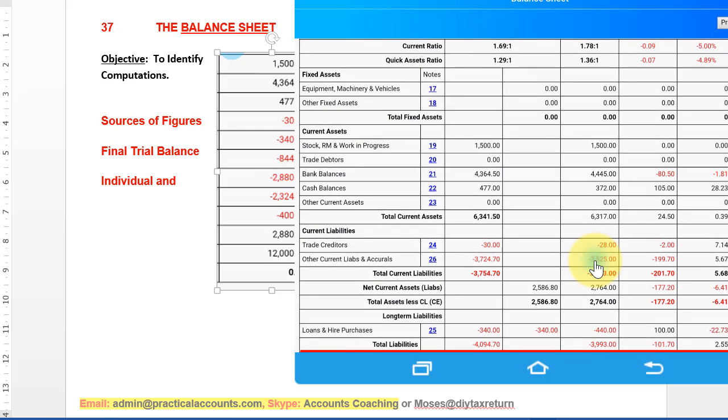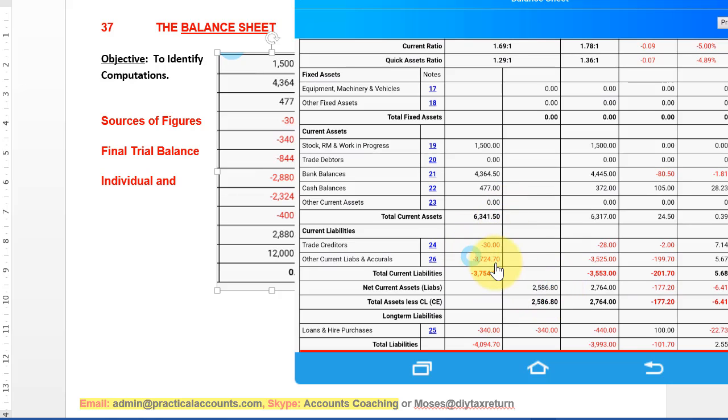Okay, now what happens is fixed assets are up there. They should be added, and we end up with total fixed assets. Then we have current assets, which should be added to give us total current assets. Now, below here, we've got current liabilities. These current liabilities are individually deducted from the total current assets to give us the net current assets.